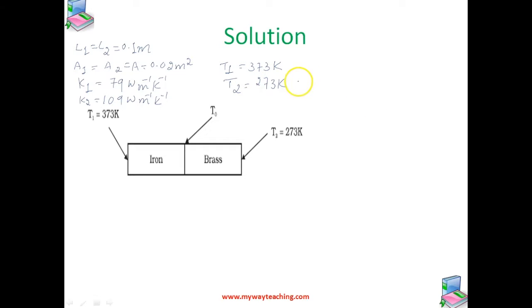So we can say H1, heat through the iron bar, is equal to heat through the brass bar, that is equal to H. So we can write it as K1 A1 (T1 minus T0) by L1, which is equal to K2 A2 (T0 minus T2) by L2.